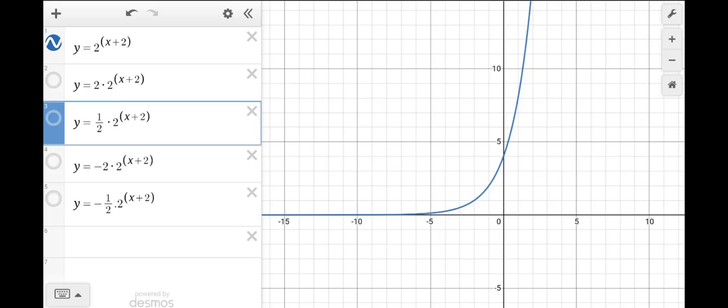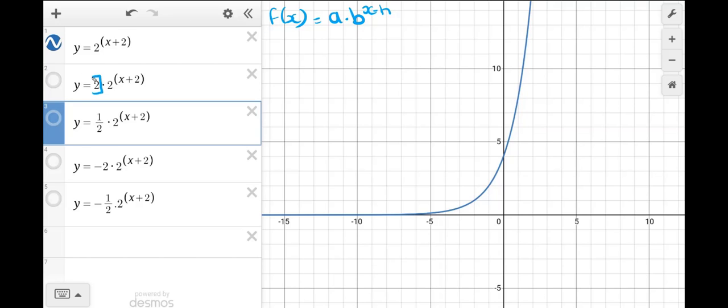Okay, so we're going to have a look at what happens when we have a value. So this is f of x, when we have a times b to the power x minus h. In this case, we're going to look at this graph here.